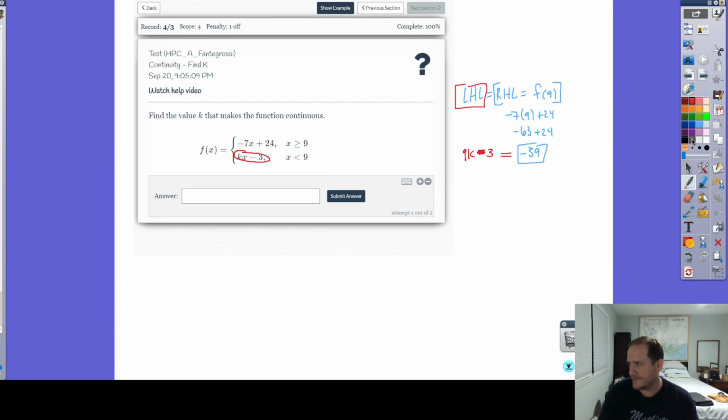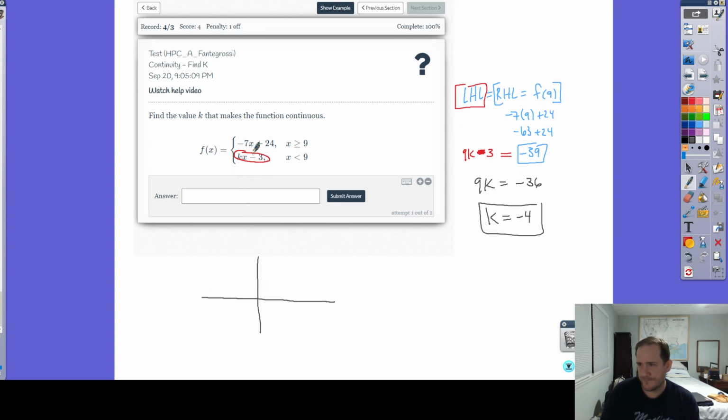You got yourself an equation, so you solve it. I'm going to go ahead and add 3 to both sides. So 9k is now equal to, adding 3 gives me negative 36. Then I can divide by 9. And apparently if I let k be negative 4, then these functions will meet together at the same point. And we will be continuous. So again, the idea here is k is negative 4.